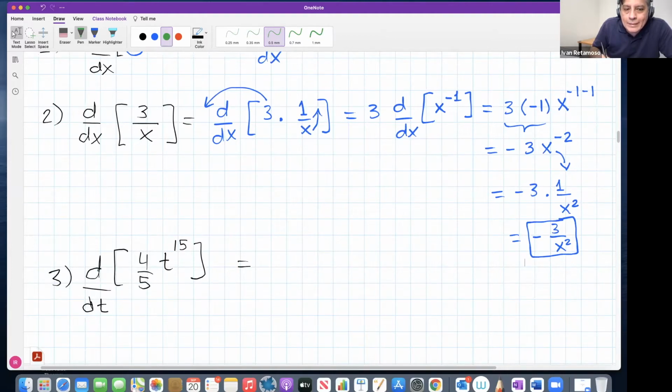Another application of the constant multiple rule. Suppose they ask you to take the derivative of the expression 4 over 5 times t raised to 15 with respect to t. Okay, quickly, I noticed that this guy, 4/5, is just a constant, right?